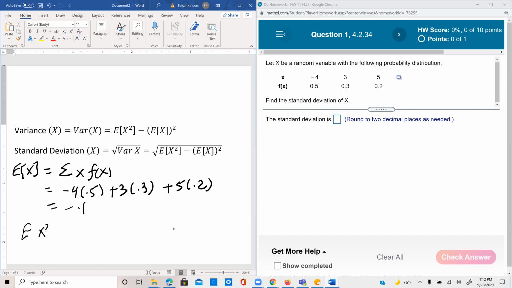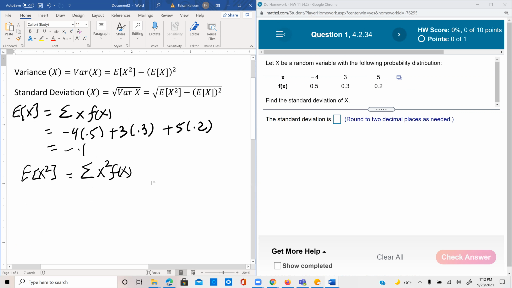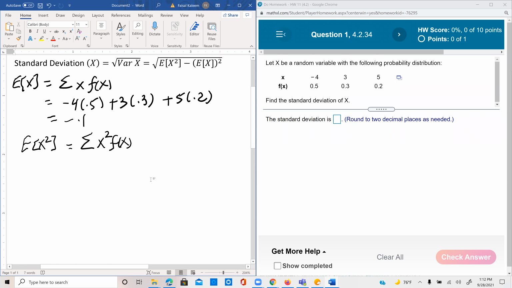E of x squared, we know, is summation of x squared f(x). So now we square the x values, so it'd be 16 times 0.5 plus 9 times 0.3 plus 25 times 0.2.